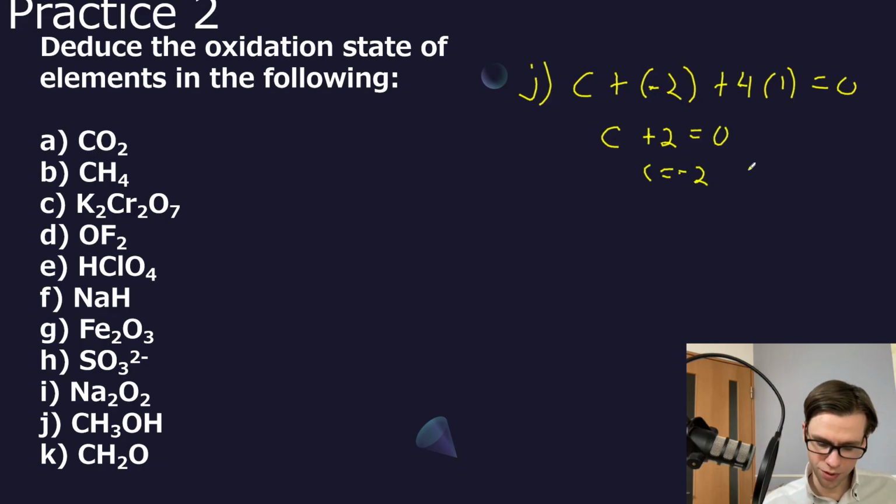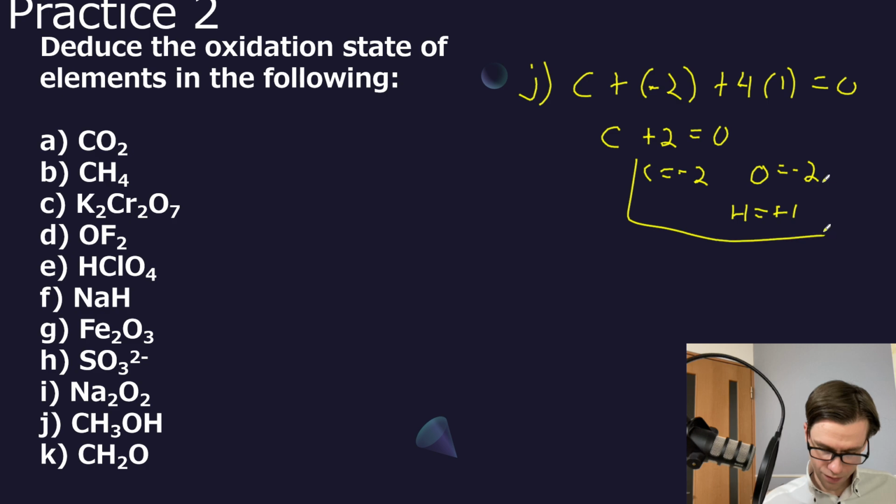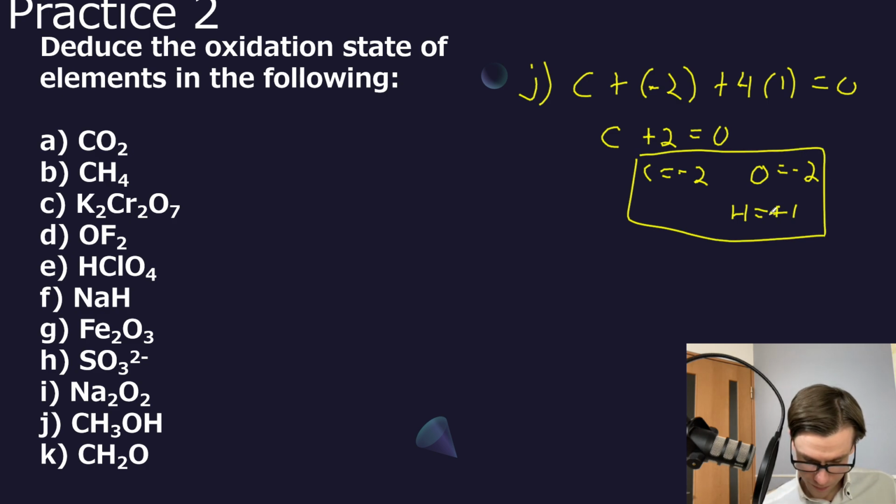And we made some assumptions there. O is -2. H is +1. Okay, and if you draw the Lewis structure, this should make some sense. We have a C-O-H, and then 3 C-H bonds.